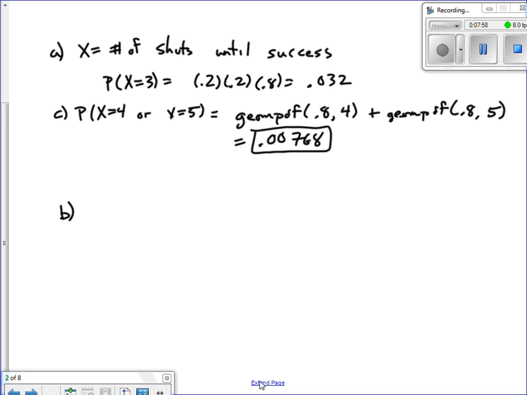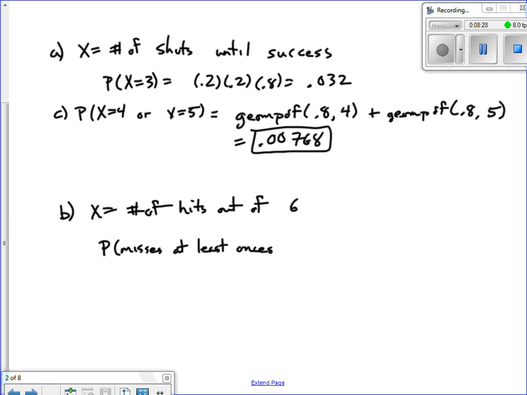B, she misses the bullseye at least once. Well, remember, we're doing everything here in terms of hits. So X will be number of hits out of 6. So that'll be the case for B, D, E, and F. So here, misses at least once.